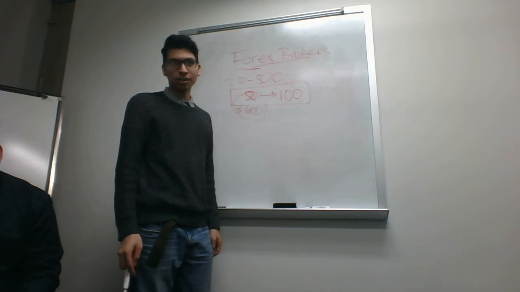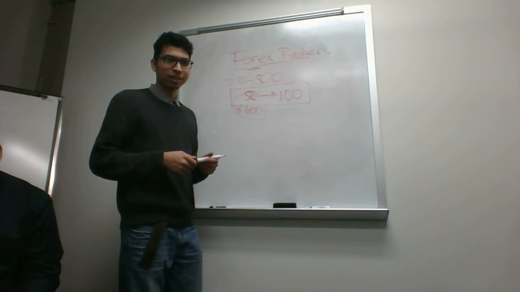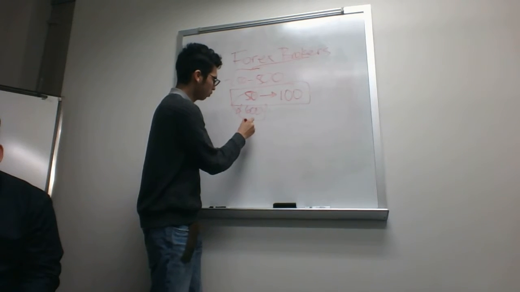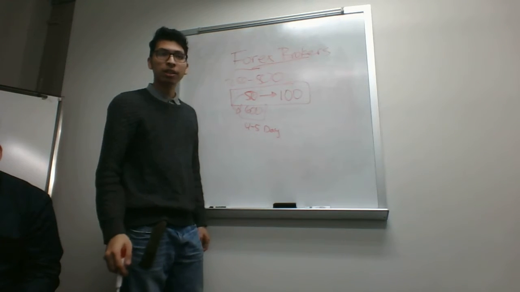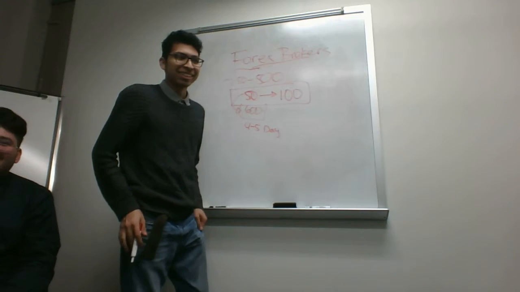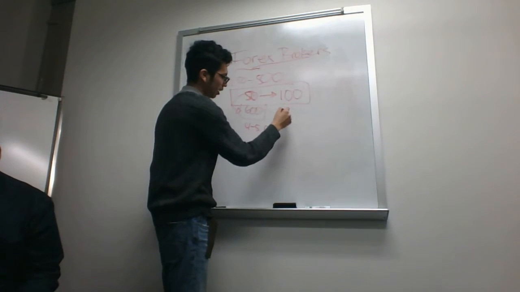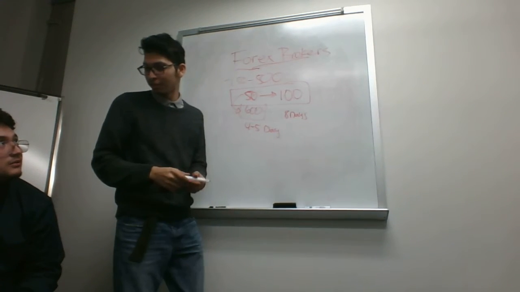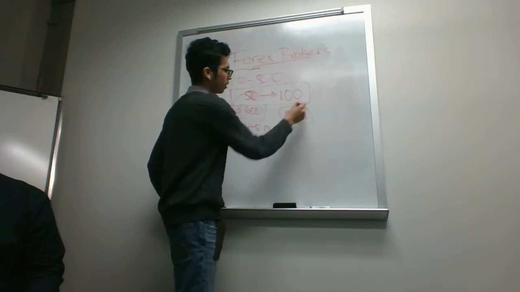Two weeks? About 5 weeks, 4 to 5 trades a day? Just guess. It took me roughly about 8 days. I said 2 weeks, you said 1 week. Okay, so it took me 8 days.